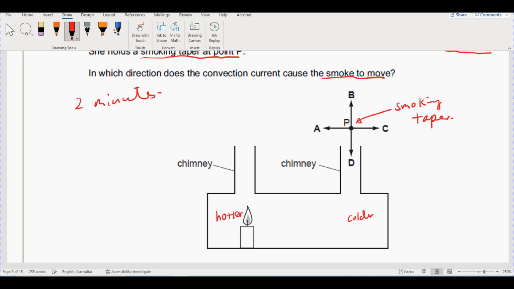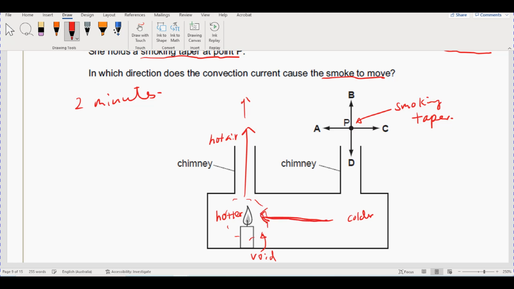The hot air would just rise up from that chimney. Then when hot air goes up, that will create a kind of void right here, waiting to be filled in. We have plenty of cold air right here, so they're going to fill in.